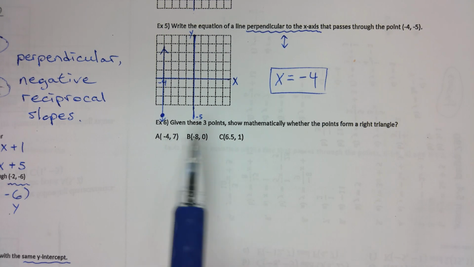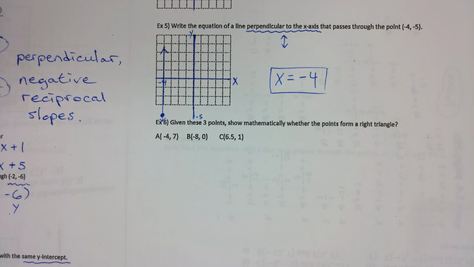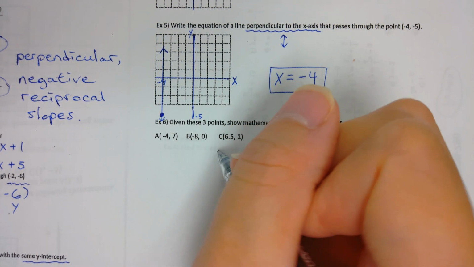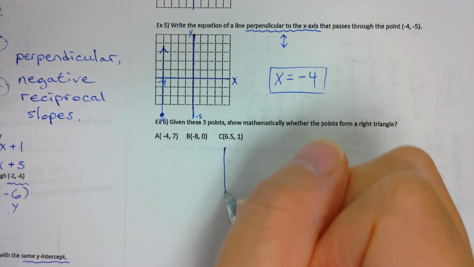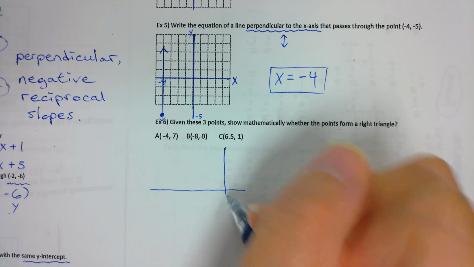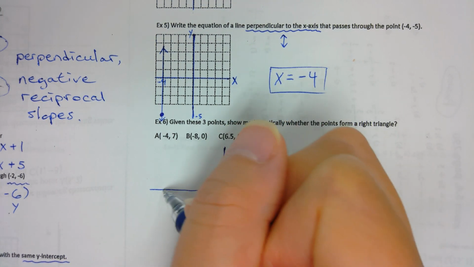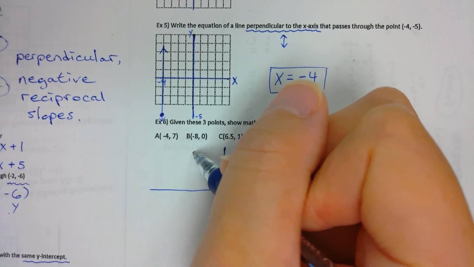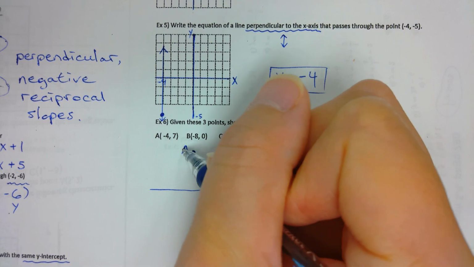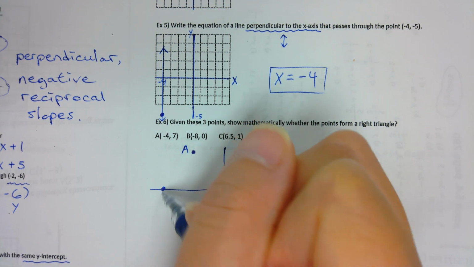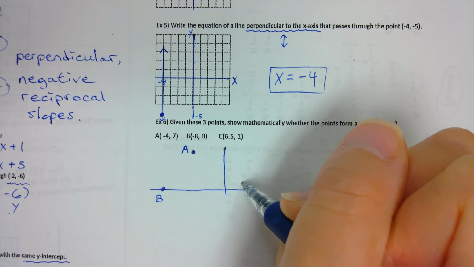So here, instead of checking all 3 corners, if I just do another quick little sketch, I'll get something like this.